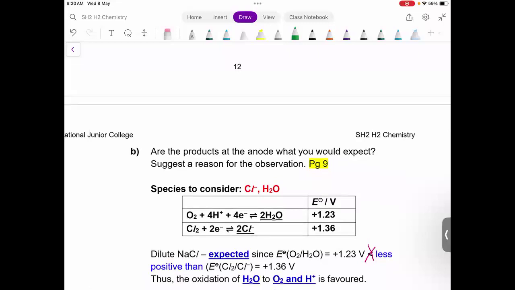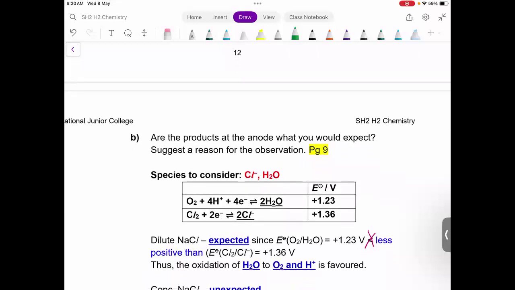More negative. Less positive. So therefore, the reverse way is preferred. As long as you are not confused. Being confused is okay because I'm not the one taking the exam.